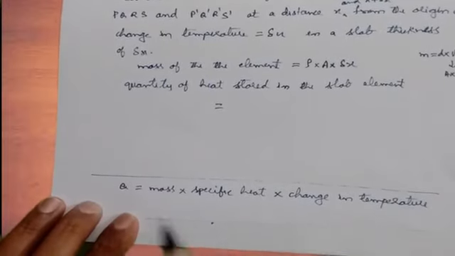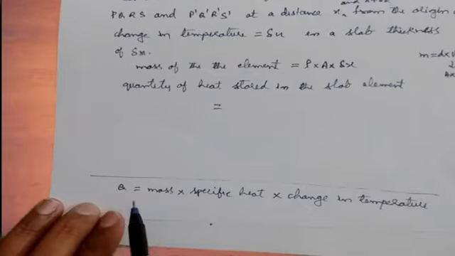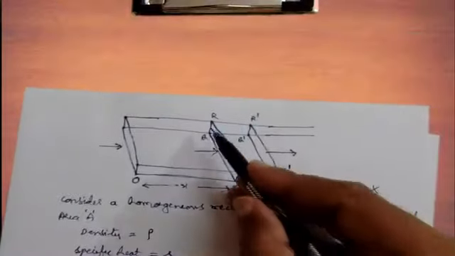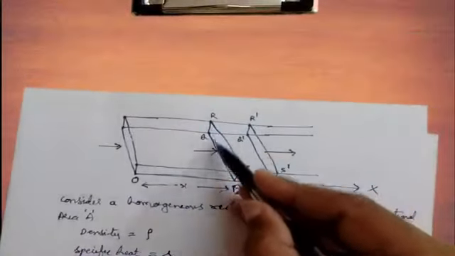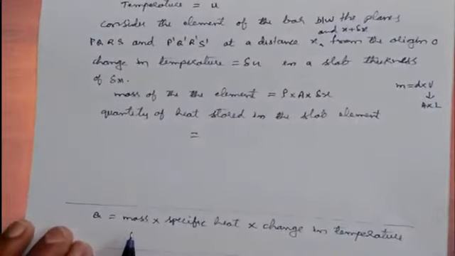This is the basic formula for the quantity of heat stored. We want to know what is the quantity of heat stored in this region. That is what we are trying to calculate.